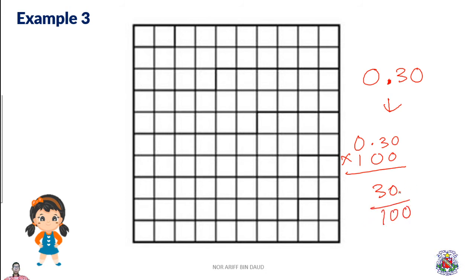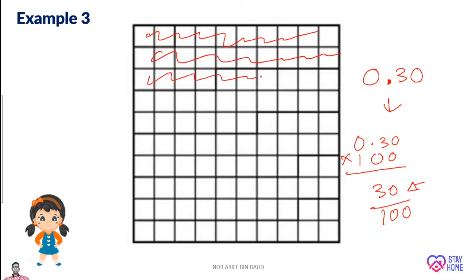Okay, 30 over 100. So we must shade 30 boxes. So 1, 10, 20, 30 boxes. Okay, make sure you shade nicely.